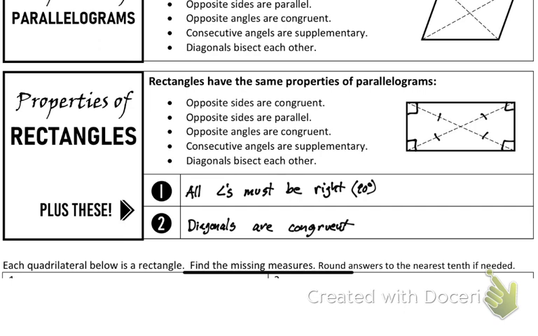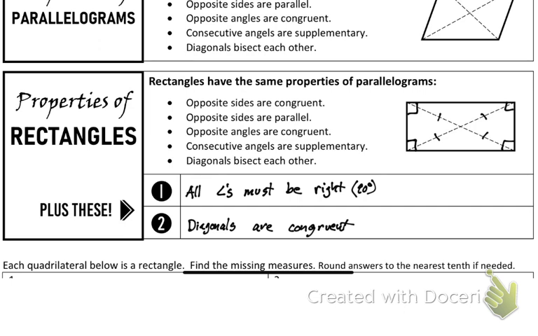Could you say it's a rectangle? Does it have to be a rectangle? What did I say? A quadrilateral where opposite sides are parallel. Does that have to be a rectangle? No. What does it have to be? Parallel. That's the furthest I can describe it.